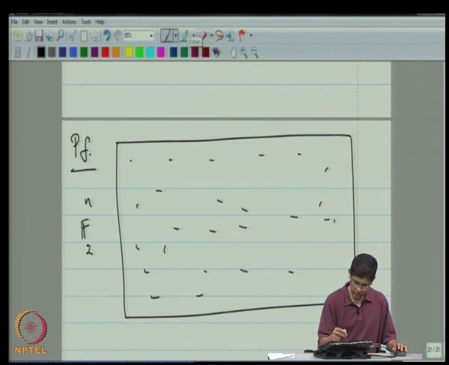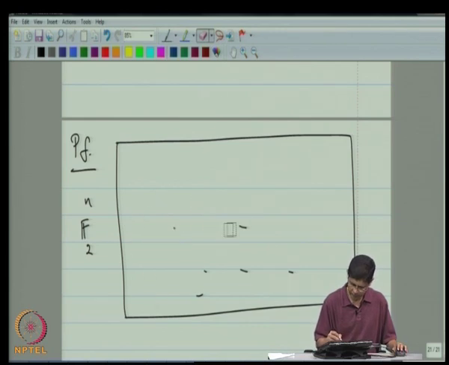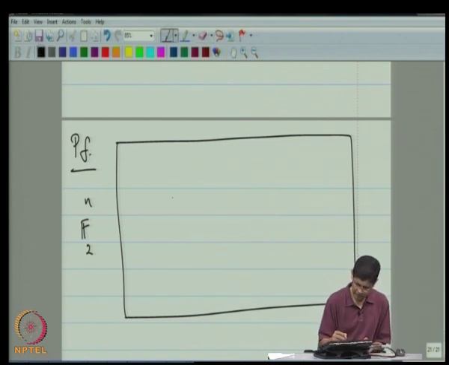Supposing I have a code word C1 and I have a code word C2 and I have other code words as well.